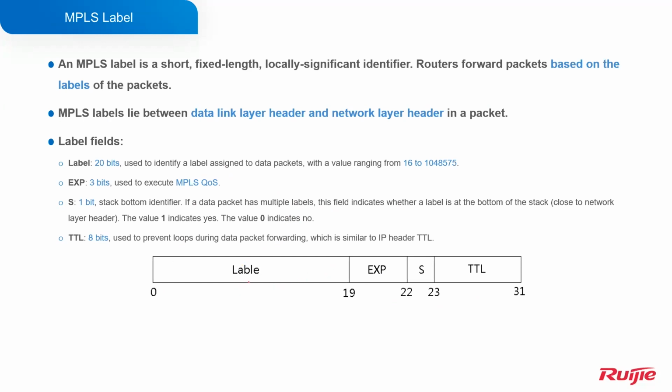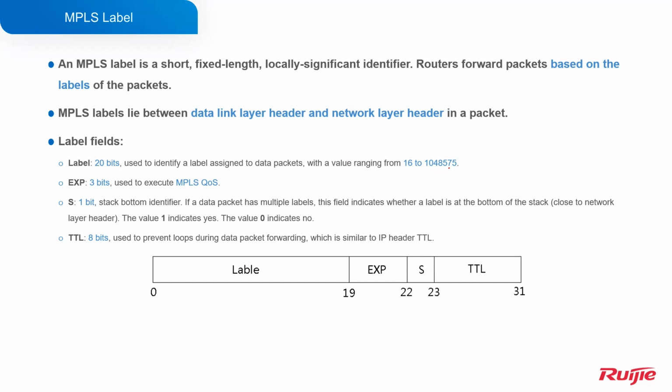The first is the label, which has 20 bits. The available range is from 16 to 1048575. That means you have lots of labels that can be used. Labels 0 to 15 have special meanings.